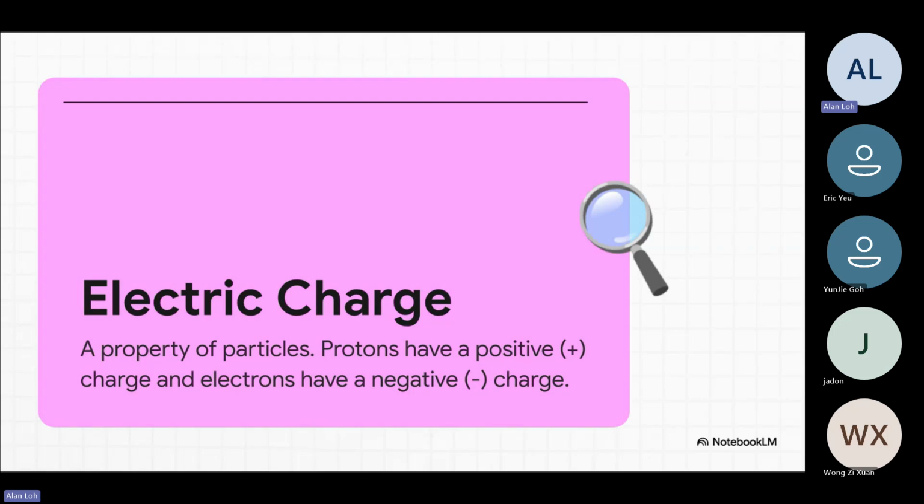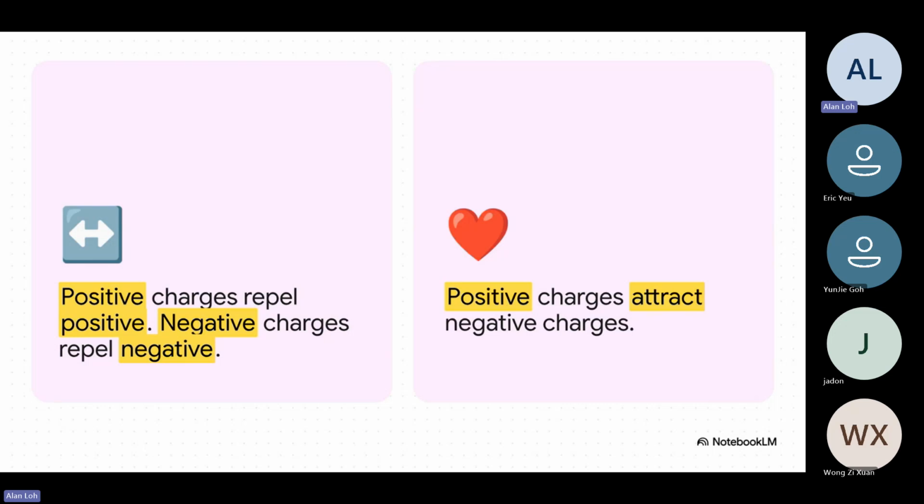Most of the time, they balance each other out perfectly, so objects are neutral. And these charges follow one simple, universal rule. Opposites attract and like charges repel. So 2 positives will always push each other away. Same for 2 negatives. But a positive and a negative, they are drawn together. That attraction, right there, is the engine behind everything we're about to explore.